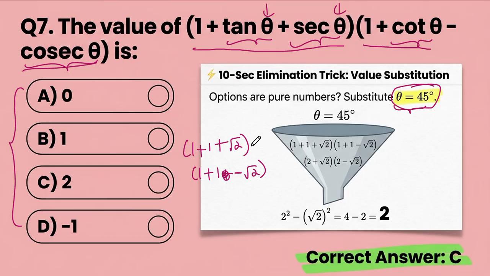There is multiplication between the brackets. So in the first bracket, 1 plus 1 is 2, plus root 2.